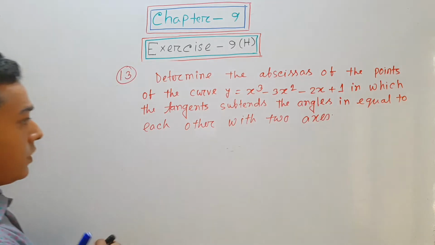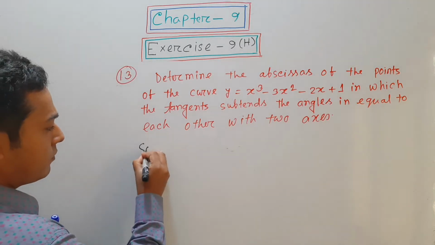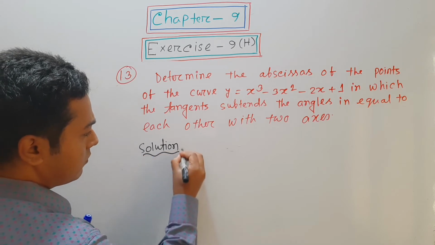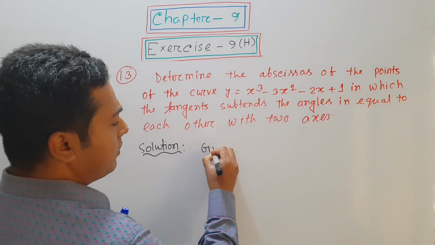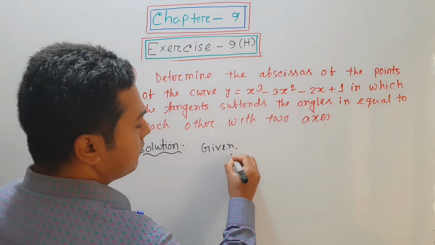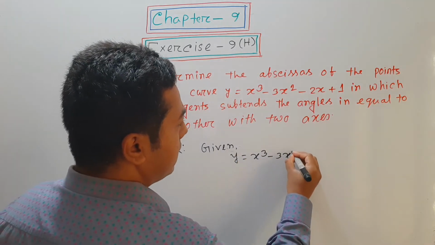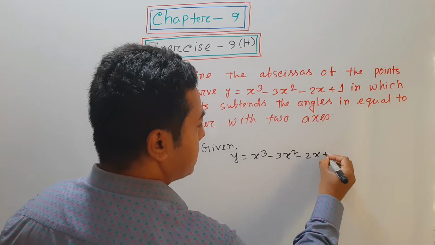So our solution: the given curve y is equal to x cube minus 3x square minus 2x plus 1.